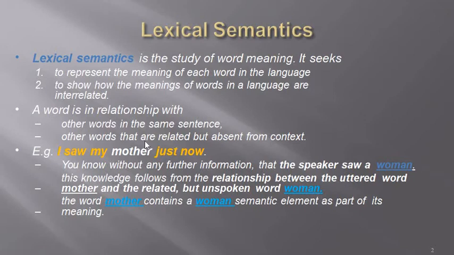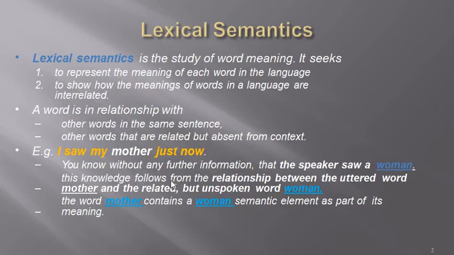This point can be explained with an example: "I saw my mother just now." Here, the word mother, without any further information, makes it pretty clear that the speaker saw a woman. After listening to the word mother, what occurs in your mind? A woman.